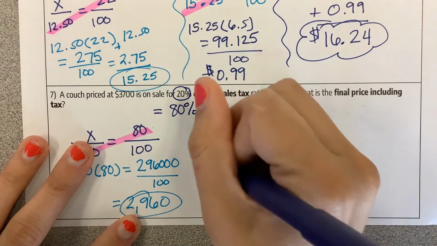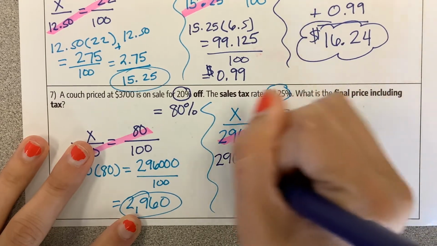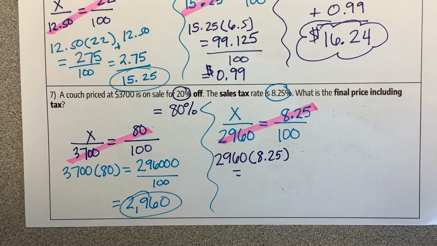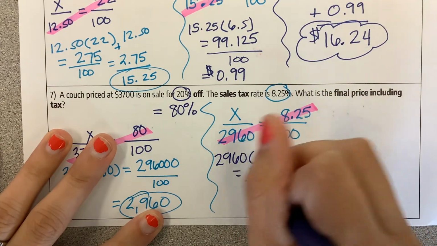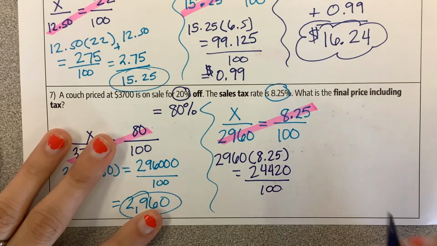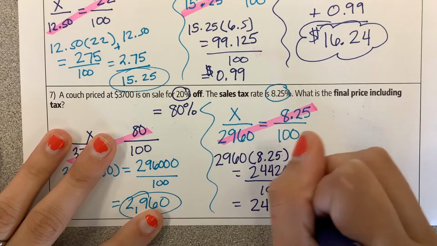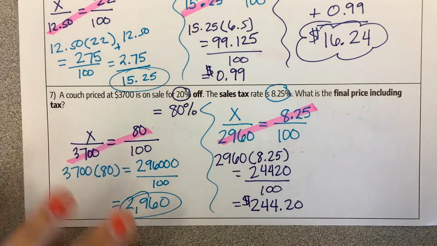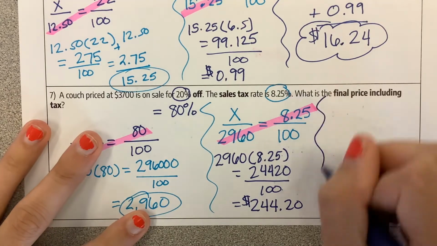So I'm going to multiply $2,960 times 8.25, and we get 24,420. Divide that by 100, and we get $244.20 for the tax. The larger the item, the more tax you're paying.